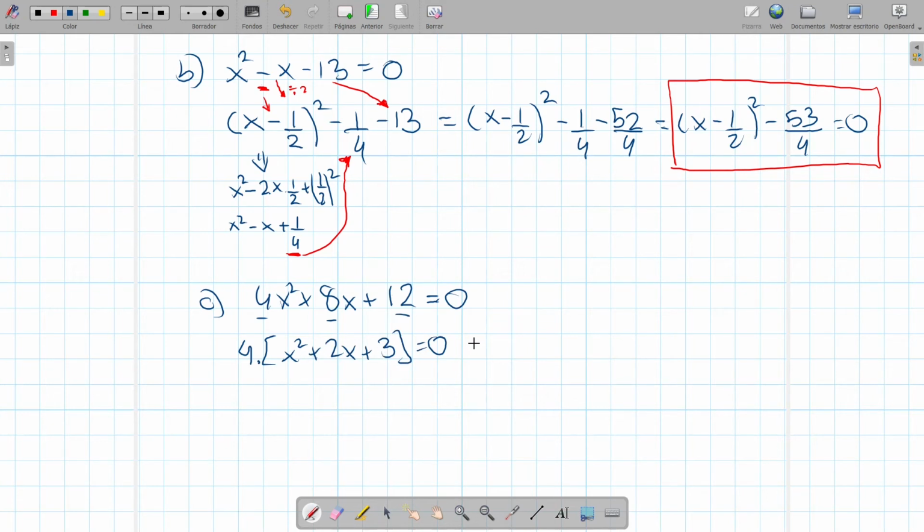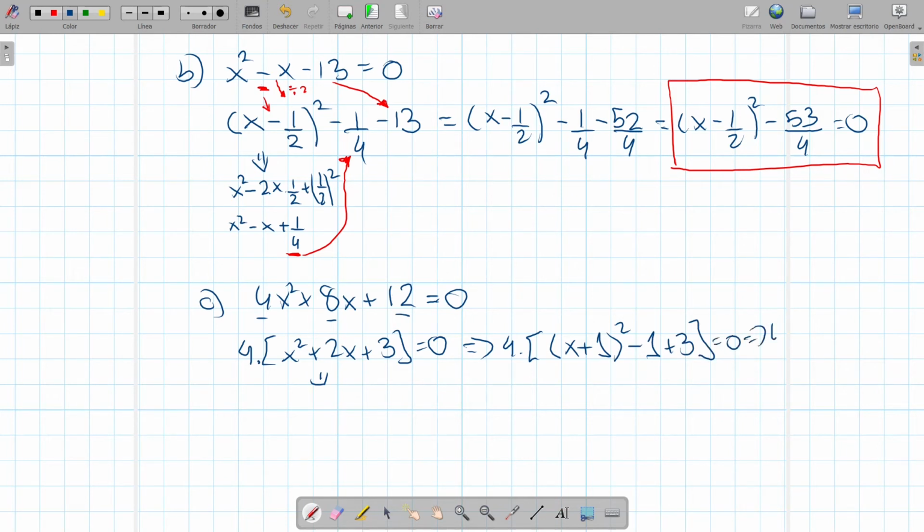What we're going to complete is the square of that one. So open bracket, it's an x, it's a plus. 2 divided by 2 is 1. If we have this squared, we have 1 squared, so we subtract the 1, and then we add the 3.